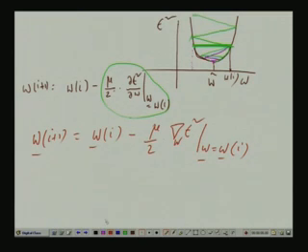I am putting all the weights in a vector form, and this del W epsilon square is what? It has all the gradients put in a vector form, that is del epsilon square by del W 0, del epsilon square by del W 1, and so on. So, from each W I am subtracting the corresponding gradient multiplied by the proportionality constant mu by 2.